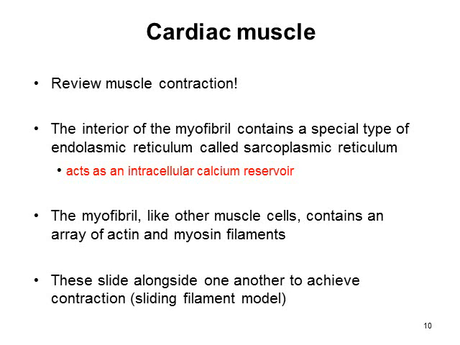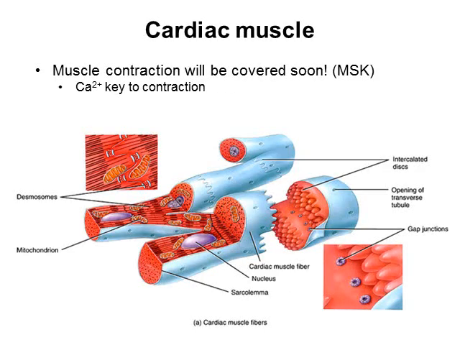The myofibril, like other muscle cells, still contains an array of actin and myosin filaments which slide along one another to achieve contraction, and this is the sliding filament hypothesis. If we look at cardiac muscle itself, you'll see that structurally it looks very different to the striated muscle of, say, your skeletal muscle.